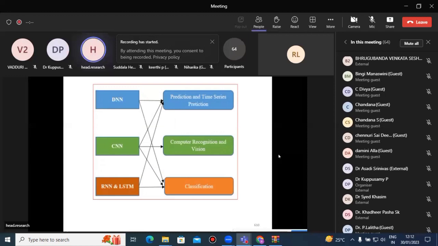CNN can perform prediction, time series prediction, computer vision, recognition, and classification. RNN and LSTM, recurrent neural network and long short-term memory, are used for prediction, time series prediction and classification. This means CNN gives you complete image classification especially.